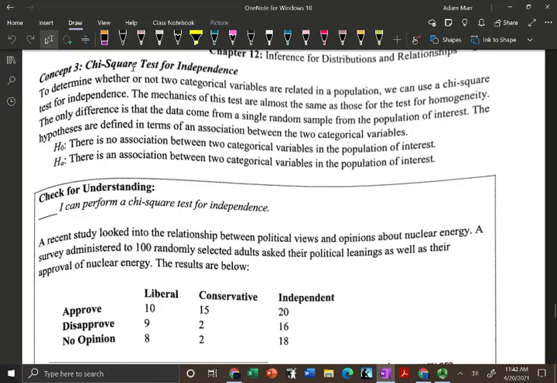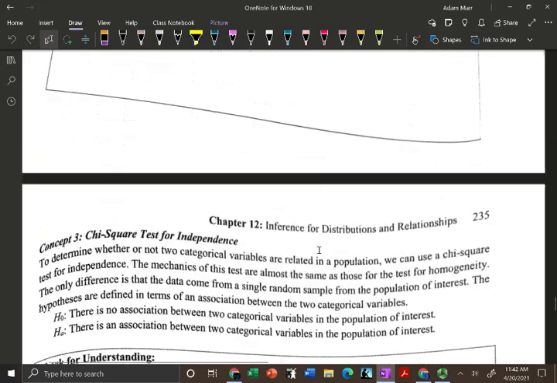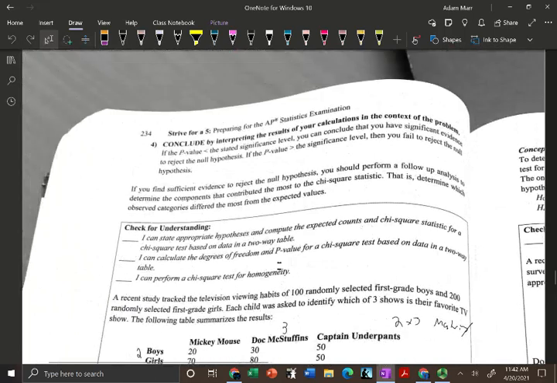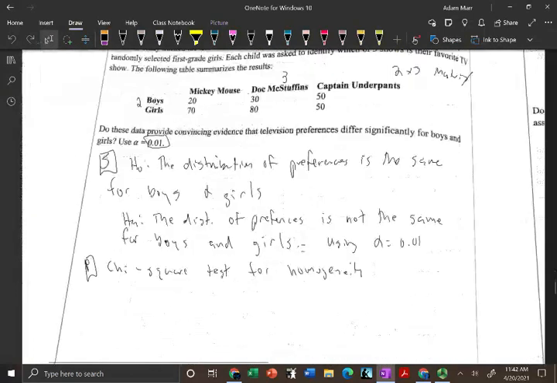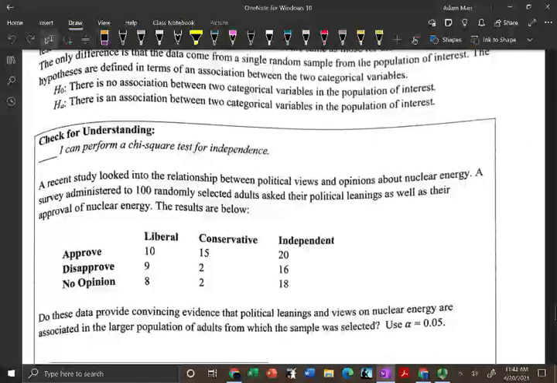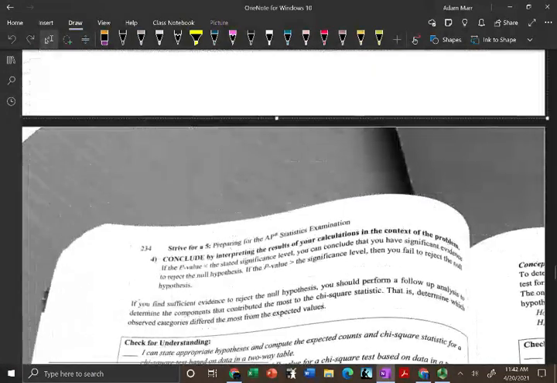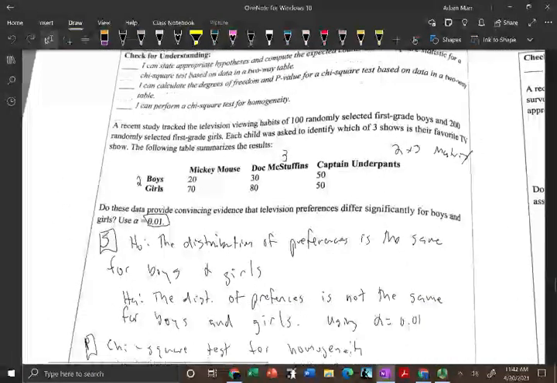Also remember, for a chi-square test for independence, you're trying to determine if there's an association between two categorical variables. For homogeneity, we want to figure out if the distribution is the same or not the same.